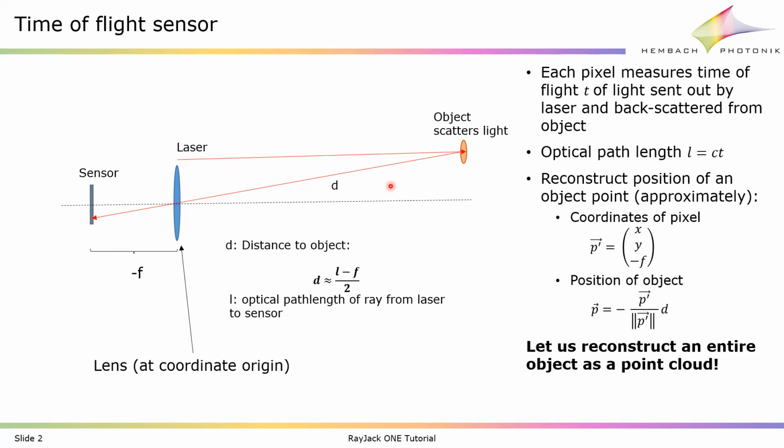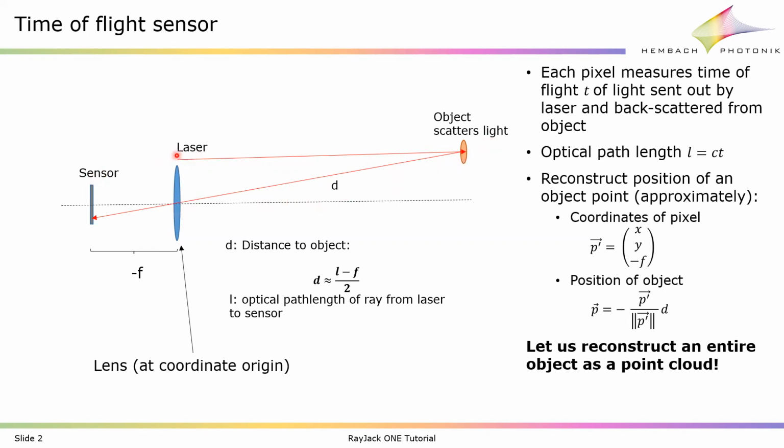Now, the goal of such time-of-flight sensors is to reconstruct a three-dimensional scene through a point cloud. And first of all, we need to know the distance of an object from the lens.